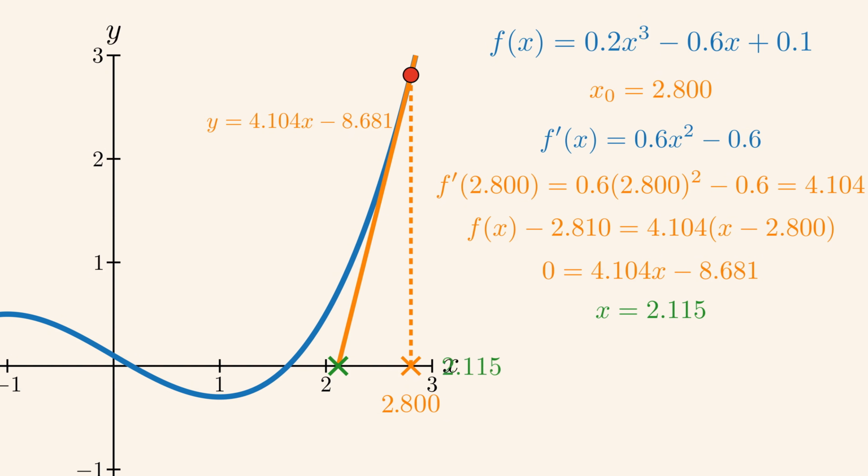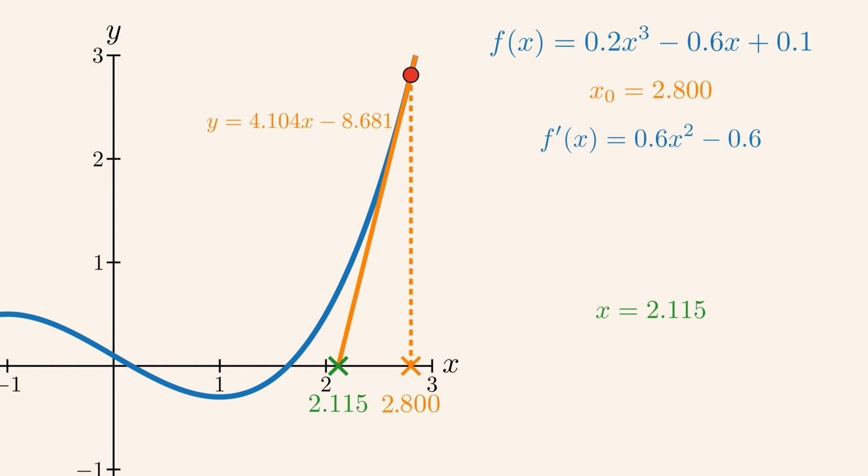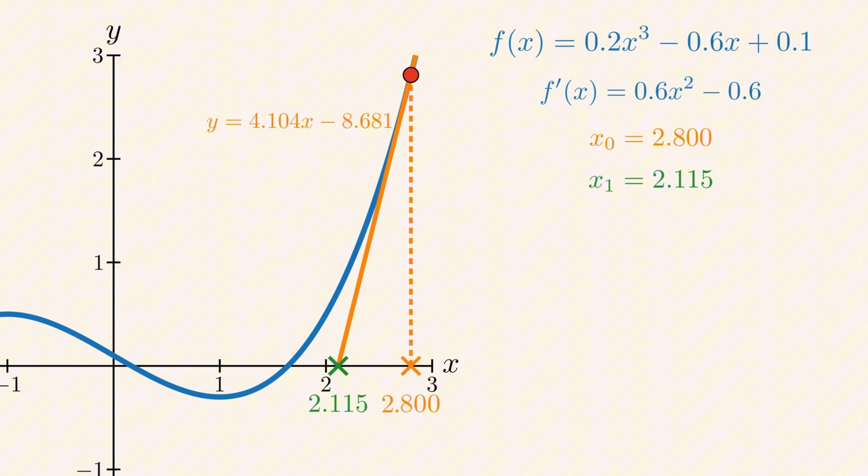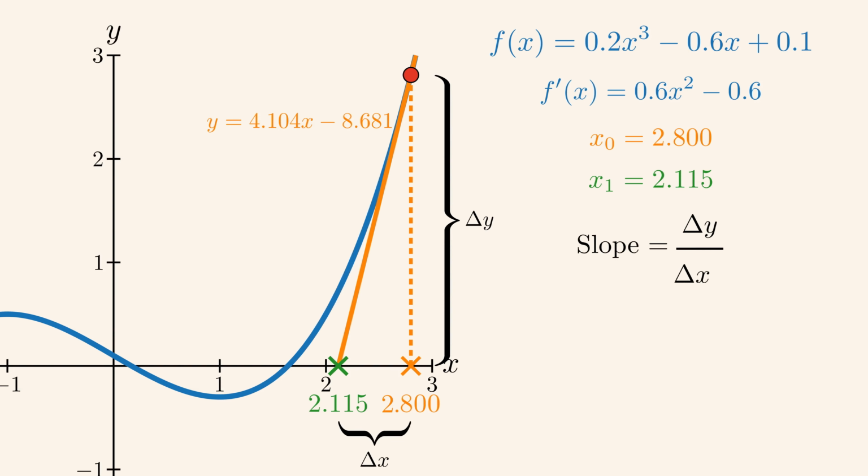So now we know the new x-coordinate, but doing this step by step is a long process. So next, we will derive a compact formula that we can use directly, almost blindly. Let's say the horizontal difference between the two crosses is delta x. The length of the dashed vertical line is delta y. The slope of the tangent line is given by the ratio of these two quantities.